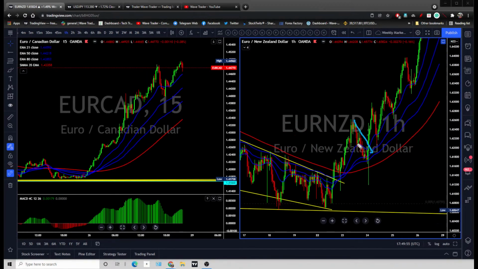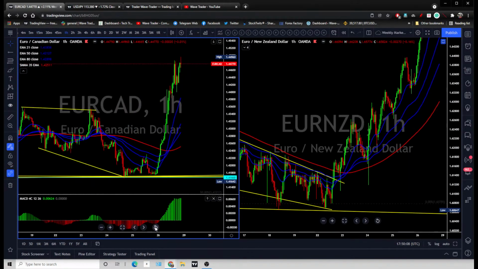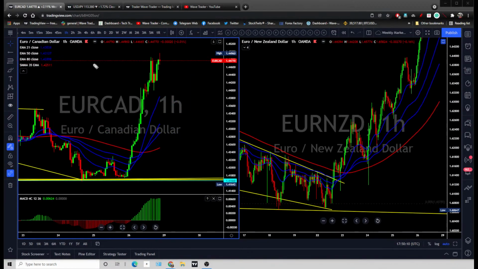You see a decent nice correction there, but it's more clear on your lower time frame than following it on a 1 hour time frame. Or let's stick to the 1 hour time frame like that. A 1 hour time frame pullback, similar one.